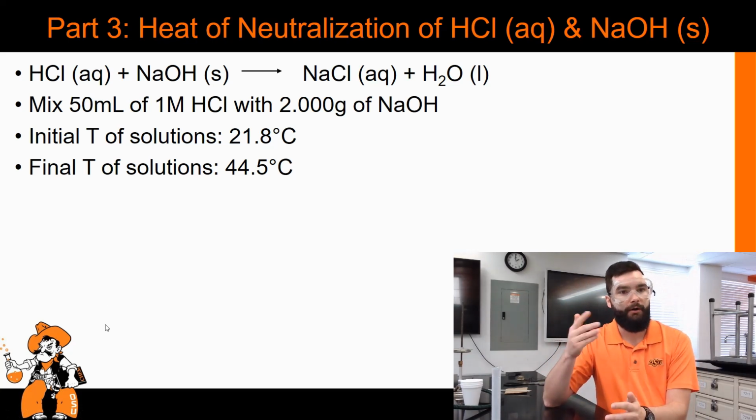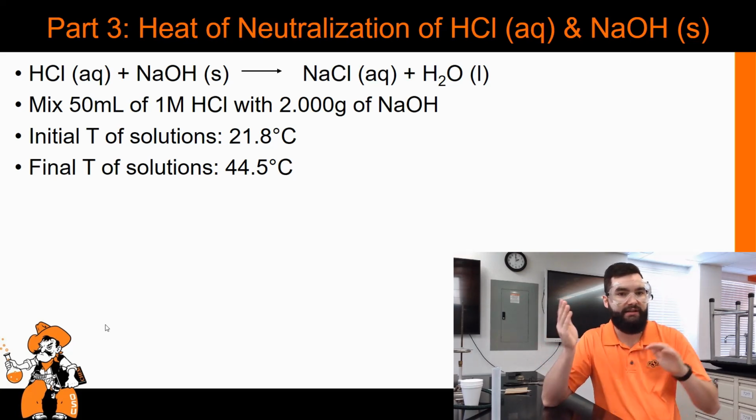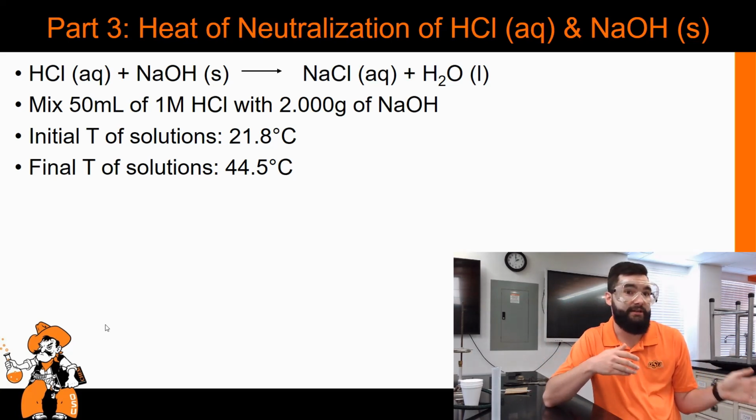Now that we have our final and initial temperatures and our masses of everything, we can first figure out heat gained by the solution. We do that exactly the same way as we did the previous one, so part 2.